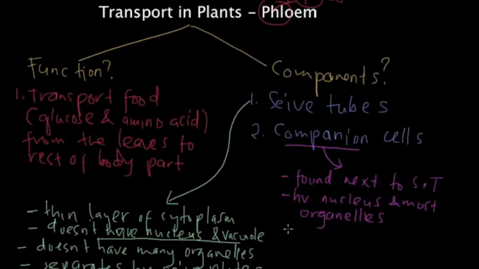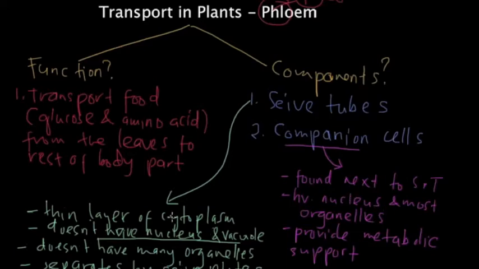Another thing about companion cells is they provide metabolic support for the sieve tube to transport the food substances along them.